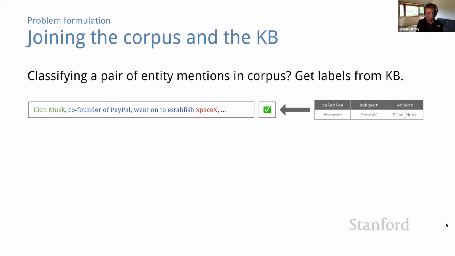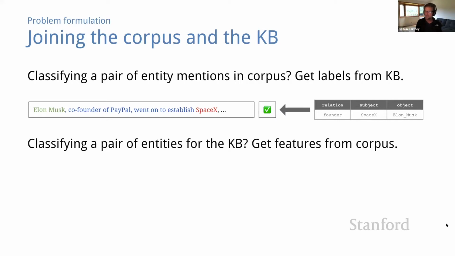There's another way of doing things, where instead we define our problem as classifying a pair of entities, not entity mentions in a specific sentence, but just entities, Elon Musk and Tesla, period, apart from any sentence.